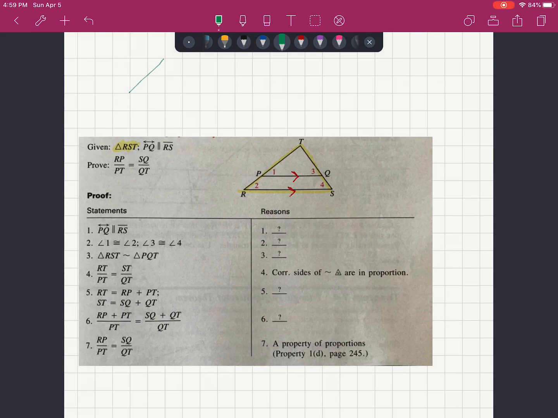So what I'm going to do is take these two triangles. I'm going to take PTQ, I'm just going to sketch it, PTQ. And then I'm going to sketch the other triangle.